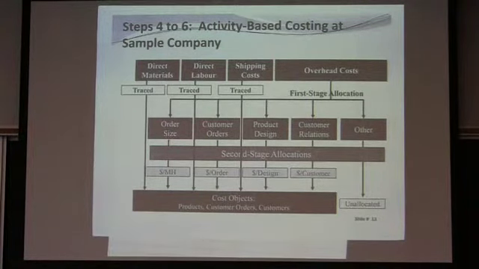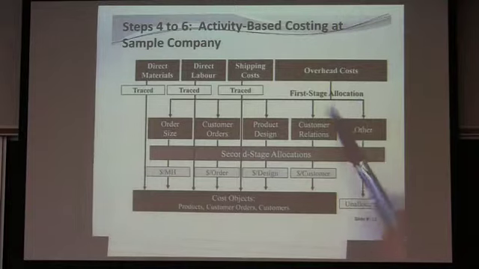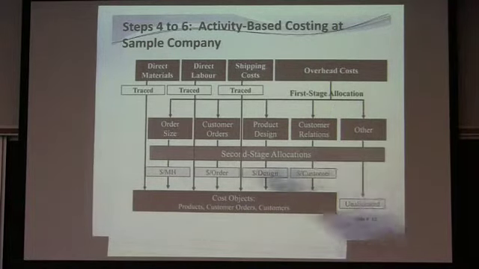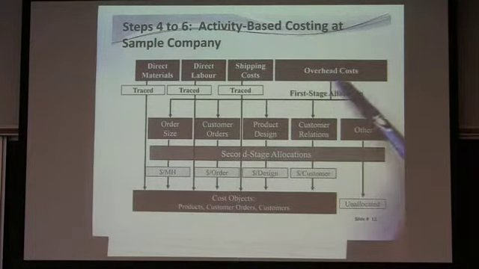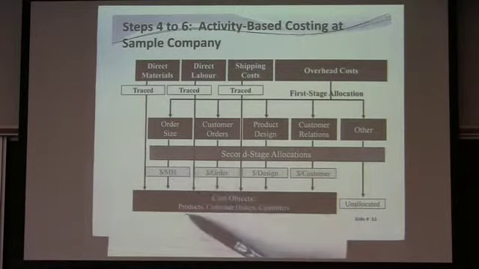Product design and customer relations. Then we do a second stage allocation by allocating these indirect costs further to the cost object. And the thing about ABC is that they have an unallocated amount, meaning they don't allocate all overhead costs to a particular cost object. So that's the difference.